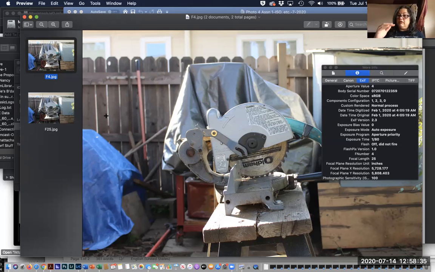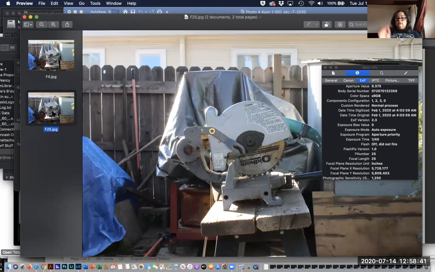So I'm skipping all the in-betweens, but I'm just showing the largest aperture and then the smallest aperture. So with the smallest aperture, the photograph in terms of composition is the same, but the f-stop used is f25 and the shutter speed 1/40th of a second.